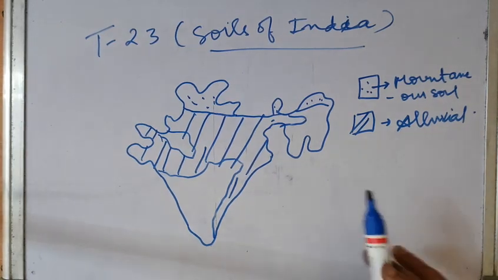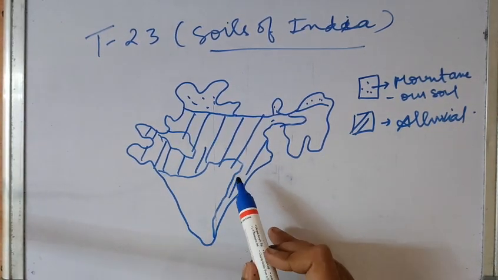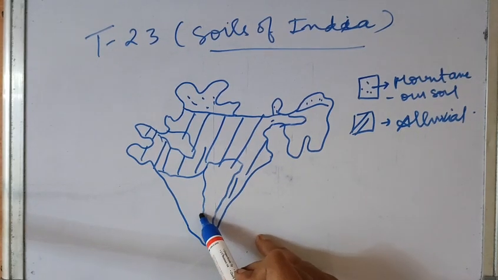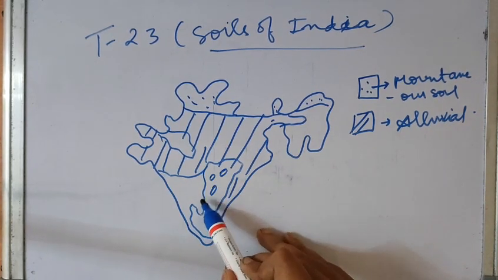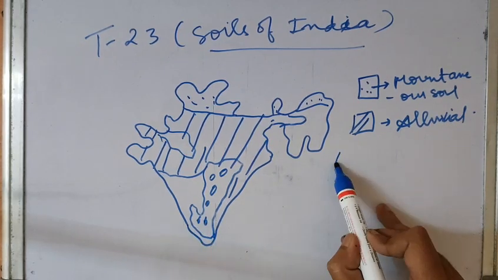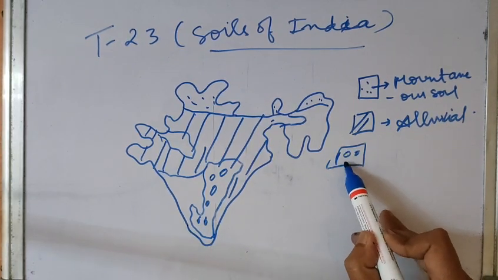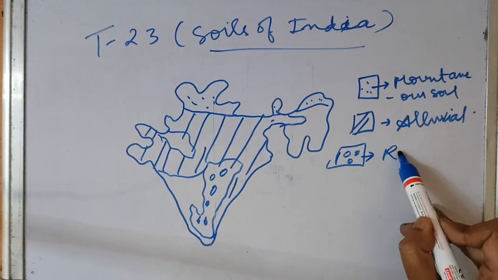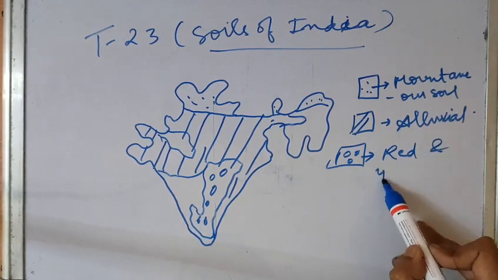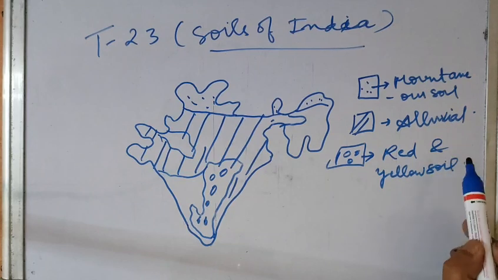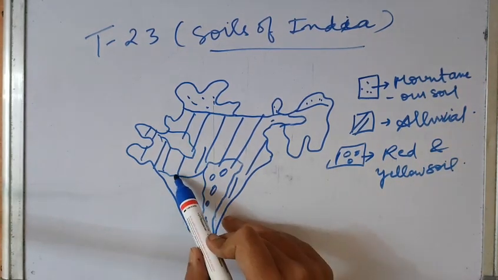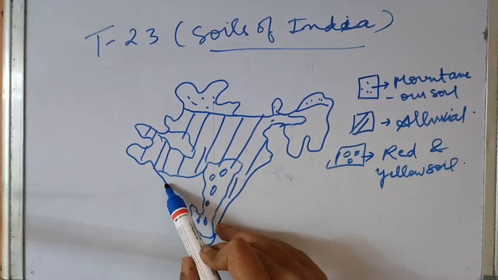Now moving on to this region, down to the alluvial soil. This region comprises of red and yellow soil. We all know this region, the region of Maharashtra.